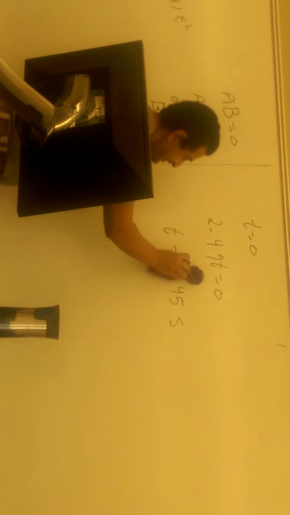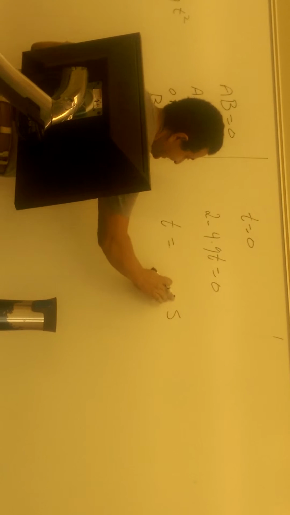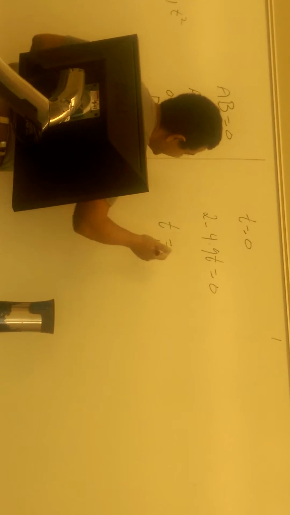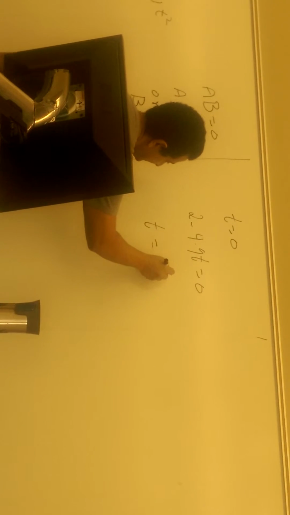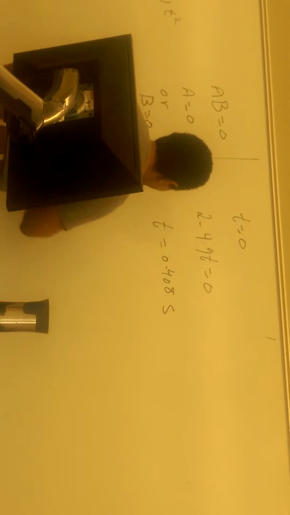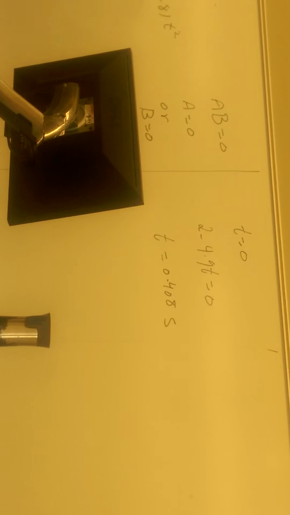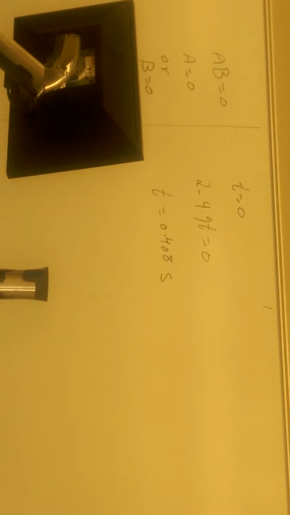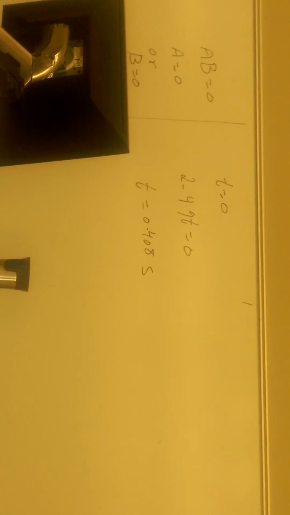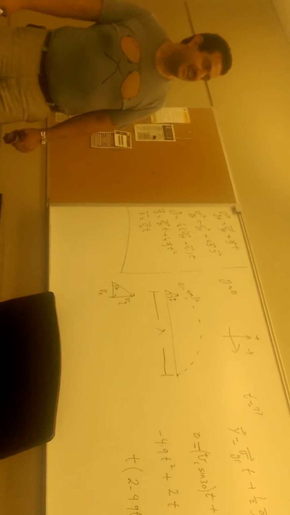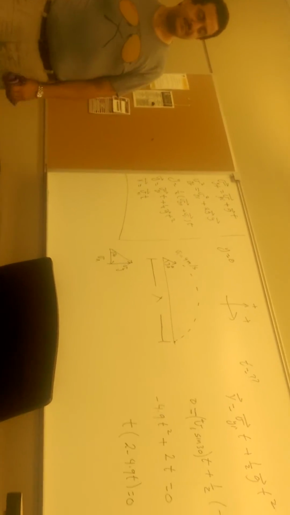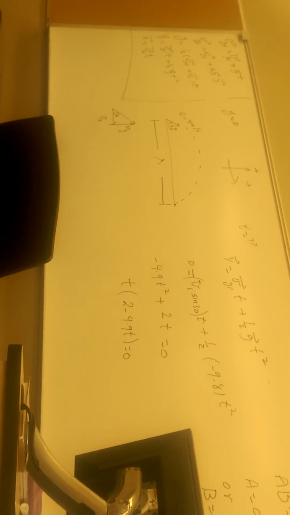There you go, I committed one of your mistakes. What is the answer? 0.408. Yes, you divide by 4.9. Or, as we say in the business, pay attention. And we found the time.